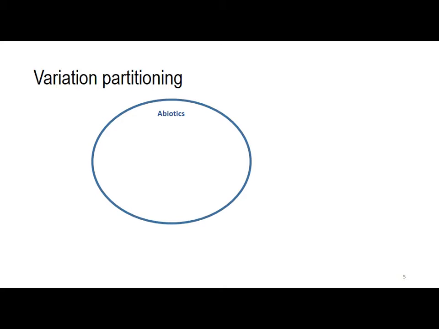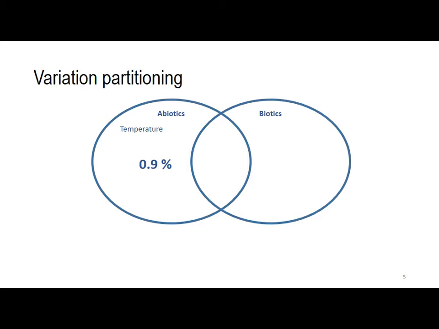But then to see what the contribution is of the biotic or the abiotic factors to the variability in the model, we did variation partitioning. We calculated the percentage of variability that's explained by abiotics and by biotics, and the result is that apparently biotics here explain much more of the variability in ecosystem functioning than abiotics.